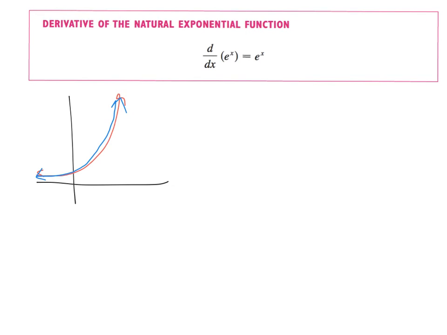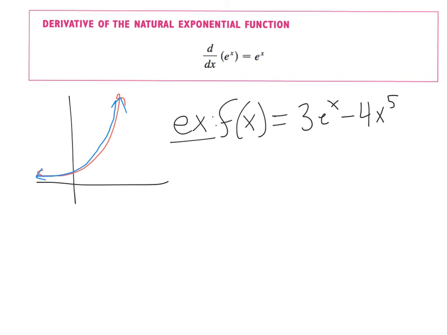So for example, if my function was 3e to the x minus 4x to the fifth, we can apply this rule to finding the derivative of 3e to the x. Notice that the 3 is a coefficient, so we can bring that out of our derivative, and we know that the derivative of e to the x is e to the x.